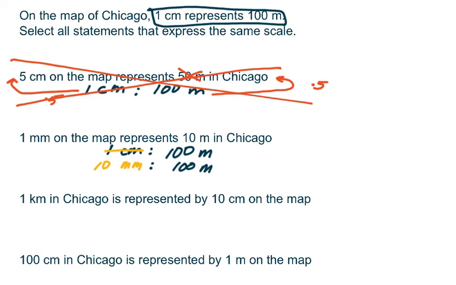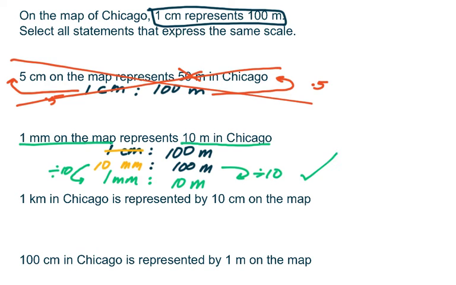I did this because I knew that I wanted to divide each of these by 10. So 10 divided by 10 gave me 1 millimeter, and 100 divided by 10 gave me 10 meters. And so I found an equivalent relationship, 1 millimeter on the map representing 10 meters in the real world.